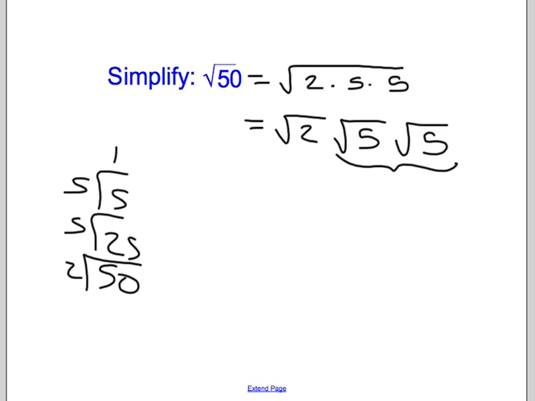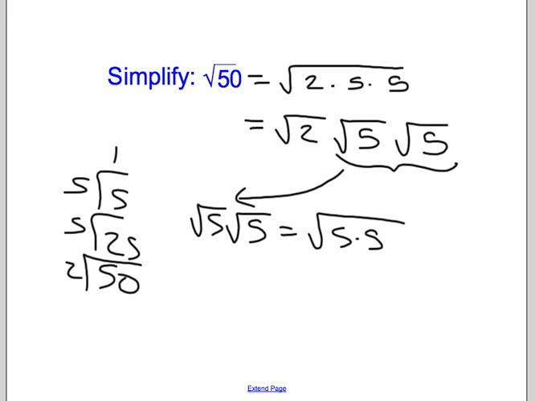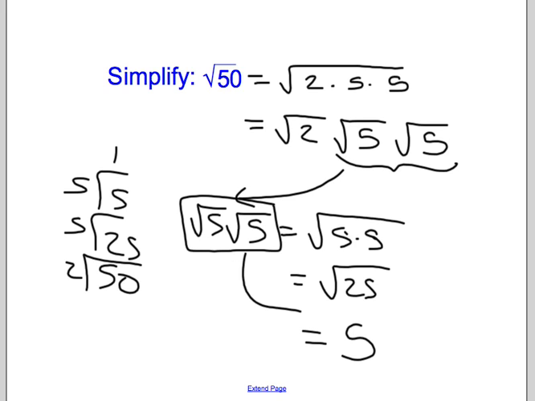Now let's pull that over here to the side and look at it by itself. If we took the square root of 5 times the square root of 5, and then we went back the other direction, and we put those underneath the same square root symbol, then that's the square root of 25, right? 5 times 5 is 25, and the square root of 25 is 5. So the product of a square root times itself gives you the number.